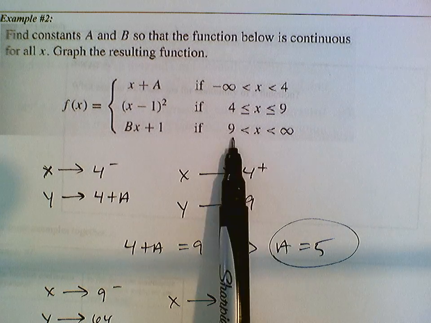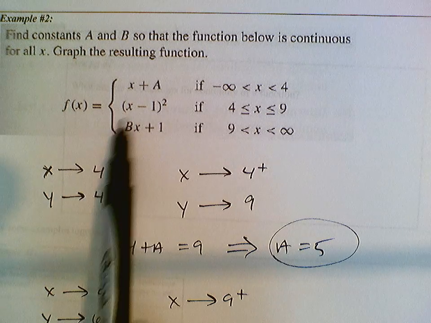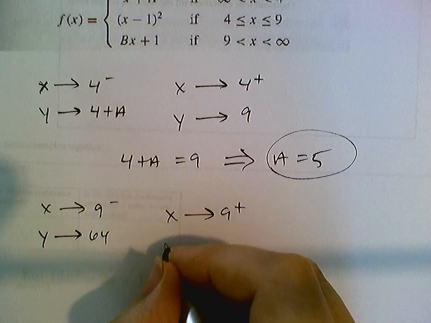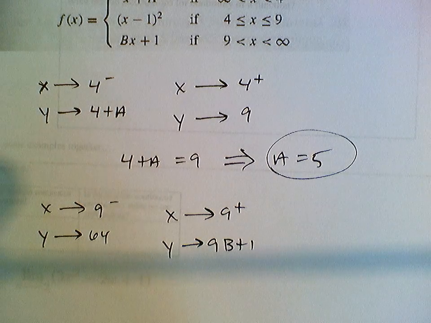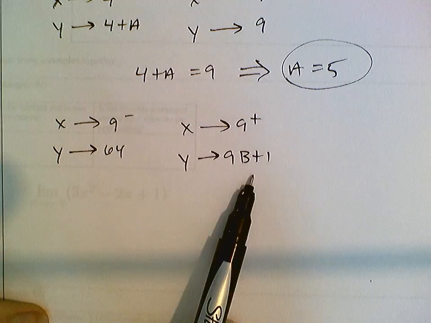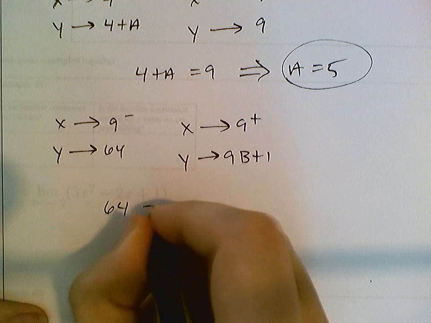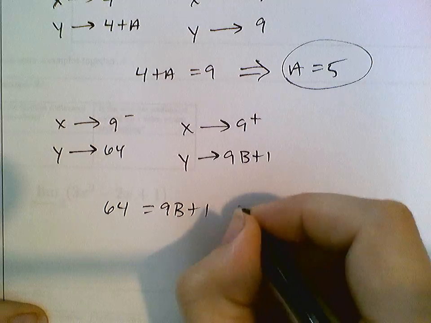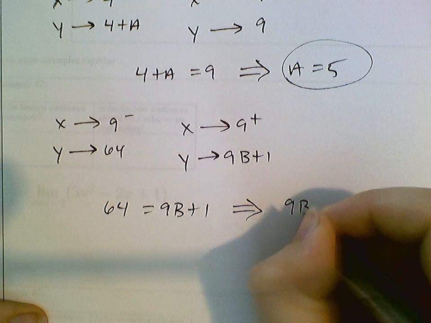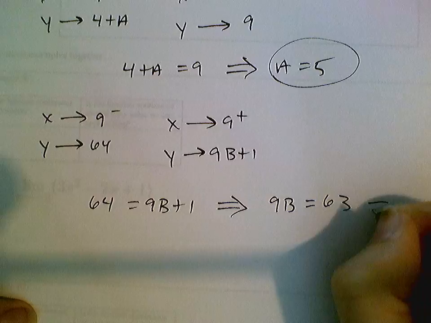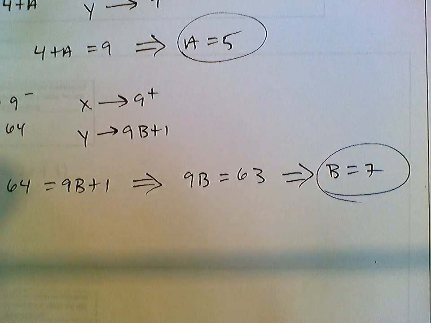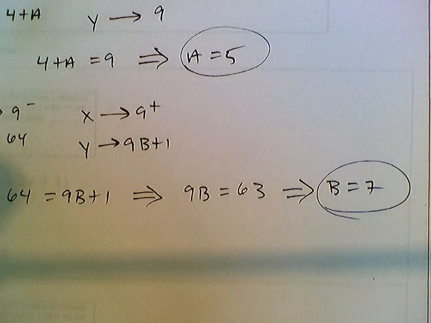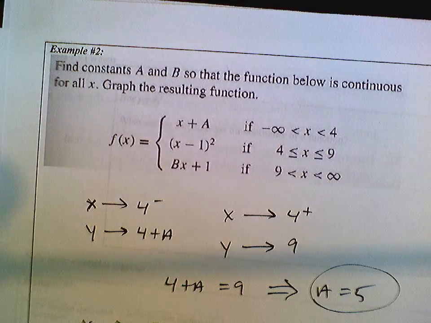And then from the right, we're on this interval, so we're going to be using this. So we've got y approaching 9b plus 1. I need the limit to exist, so I need the left-hand limit and right-hand limit to be equal. So 64 equals 9b plus 1. Then 9b equals 63. Then b equals 7.